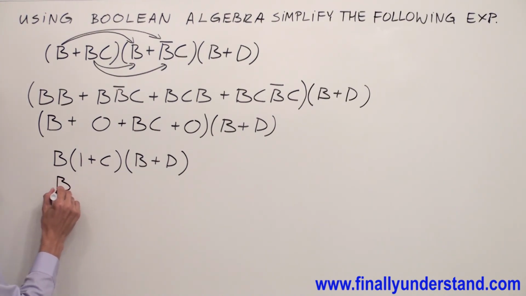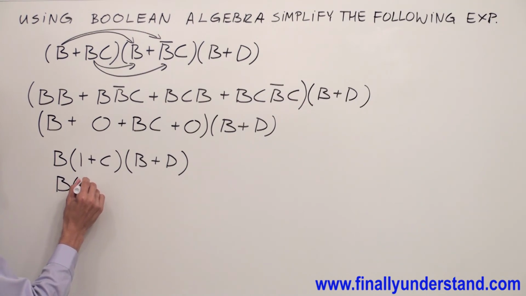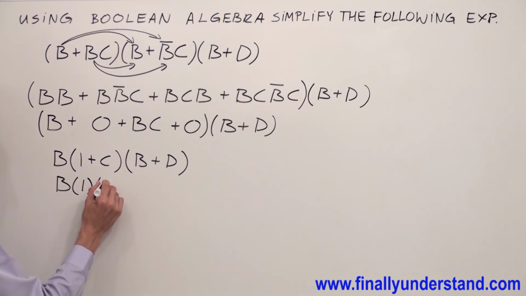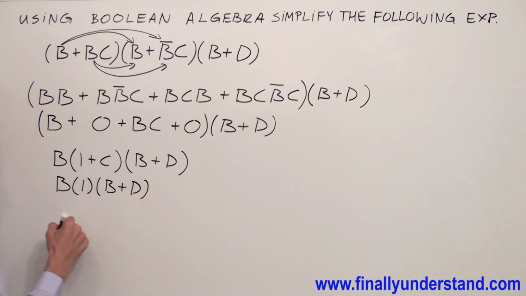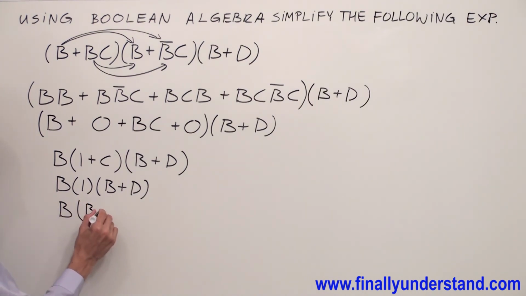That's why I'm going to write b times 1, and I have b or d. So I'm going to have b, because b times 1 is always b, and I have b or d.